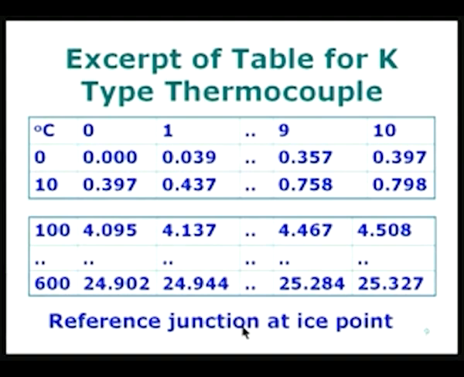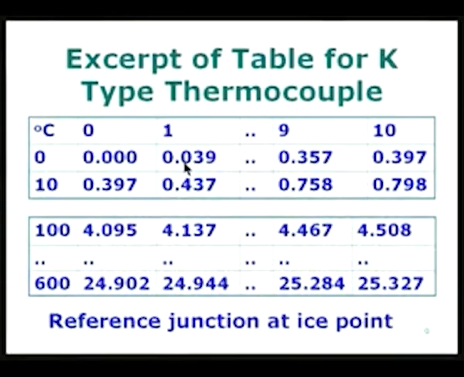The reference junction is always at the ice point. Therefore, if the measuring junction is also at 0 degrees, you expect 0 voltage, no output, if the reference junction and the measuring junction are at the same temperature, and in this case they are at the ice point. Then if it is 1 degree difference, 0.039, if you remember 39 microvolts, we had already calculated the alpha s value near t equal to 0 earlier in example 10.